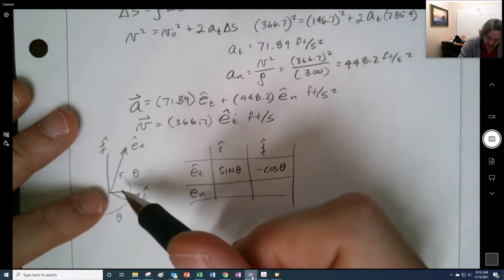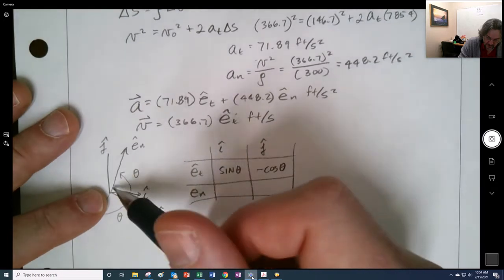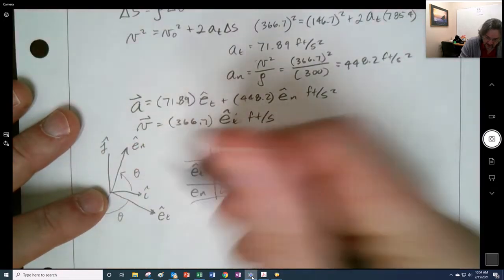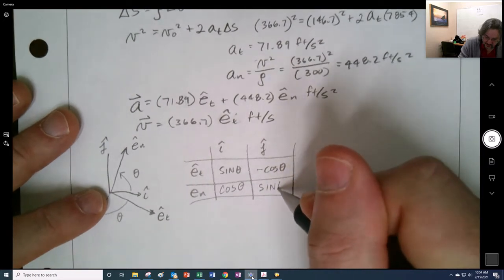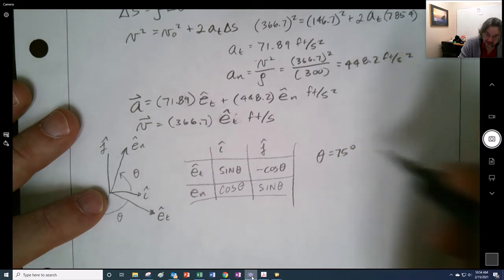And then for the e_n right here, it would be the cosine of that angle, and then here it would be the sine, and they're both positive. And that angle is 75 degrees.